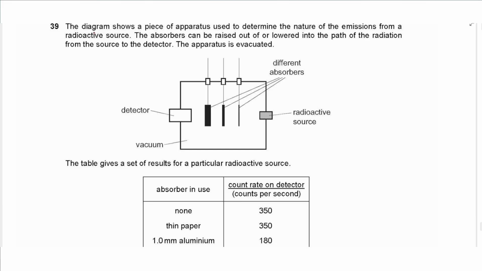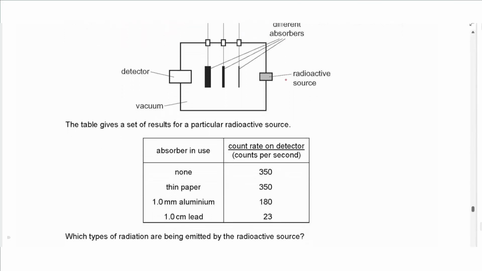Question 39 says the diagram shows a piece of apparatus used to determine the nature of the emissions from a radioactive source. The absorbers can be raised out of or lowered into the path of the radiation from the source to the detector. The apparatus is evacuated. The table gives sets of results for a particular radioactive source.